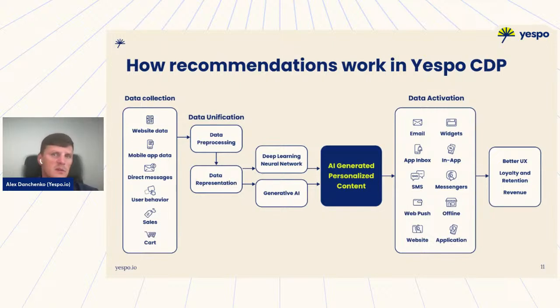Of course, this is the same type of data, but from mobile apps, whether you have iOS, Android, or some specific platform like React Native to develop this app, Yespo can always feed into your existing ecosystem to help better and smoothly integrate with CDP and collect all this data with SDK.